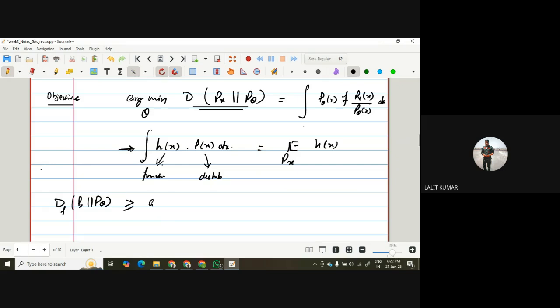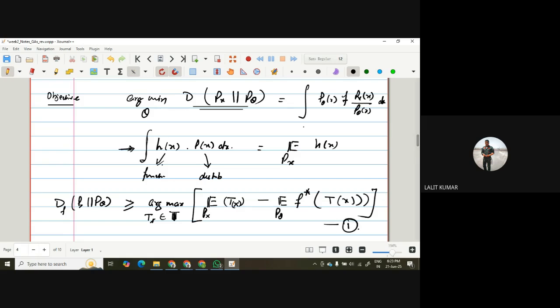This was the argmax over T(x), belonging to a wide variety of functions, of the expected value over p(x) of T(x), where T(x) is a function, minus the expected value over p_theta of the conjugate f star of T(x). So this was the one which we culminated in week 1. You have to remember this.